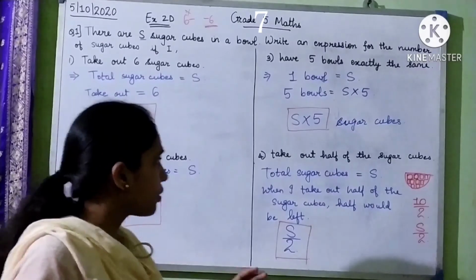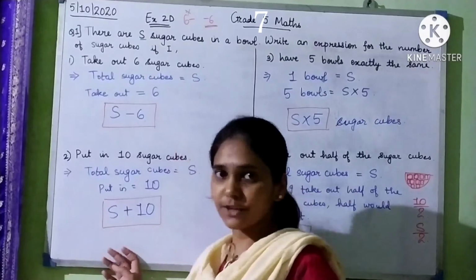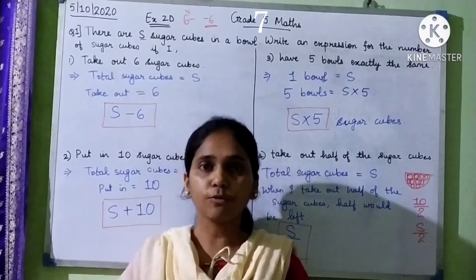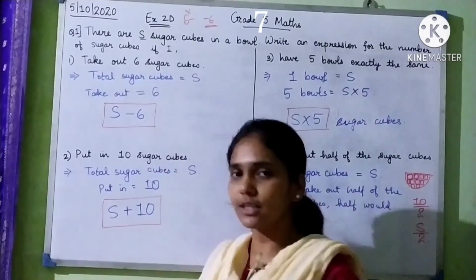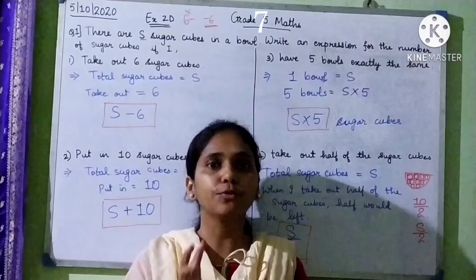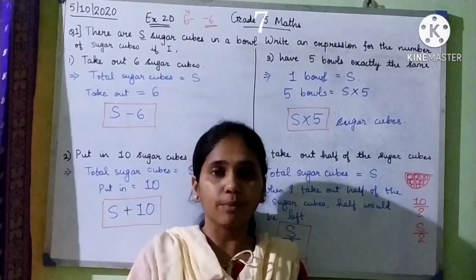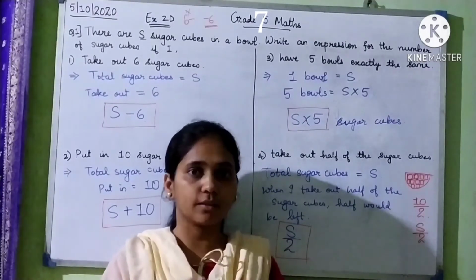So these are all application based sums. You have to think over it a little bit and then frame the expressions. It is a little difficult, but if you go by the words properly, you end up with the correct expression.